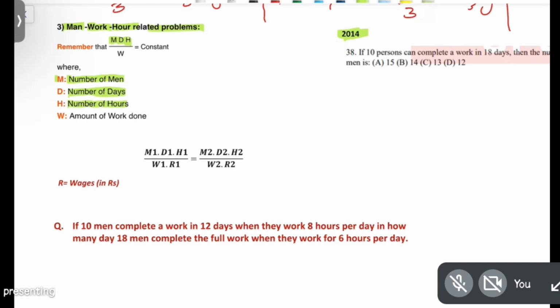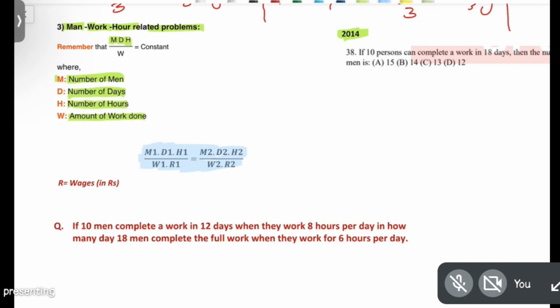Whenever hours, days, and number of people are given, directly think that it is a man work related problem. And sometimes wages will be given, like you will be earning this much amount per day.